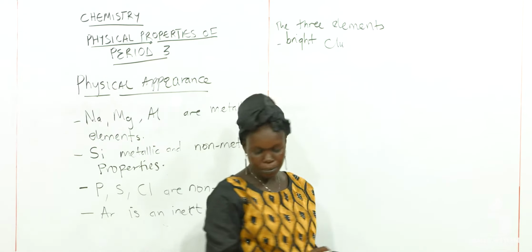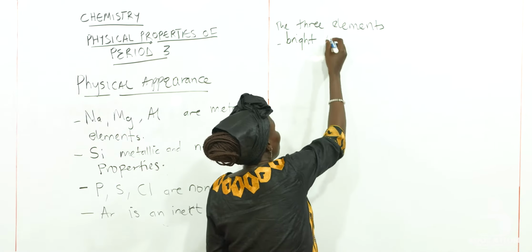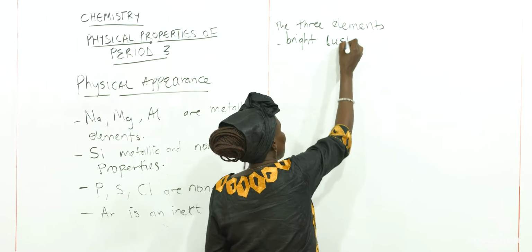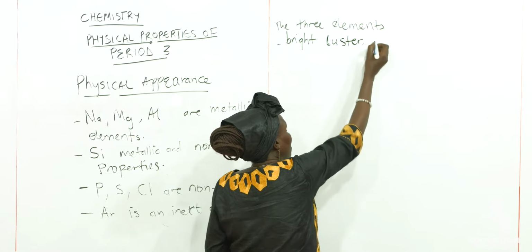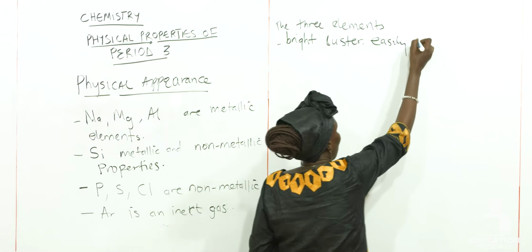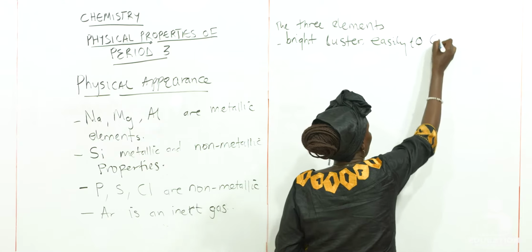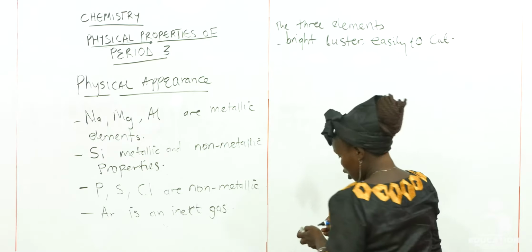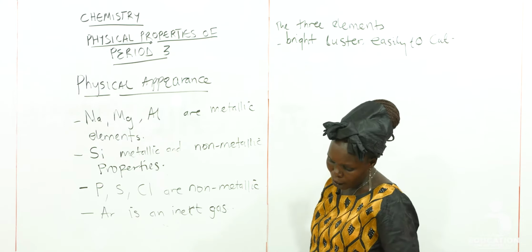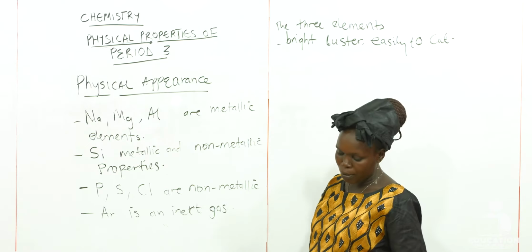That is why they are known as having bright luster, and they are easy to cut. You can easily cut the metallic elements.